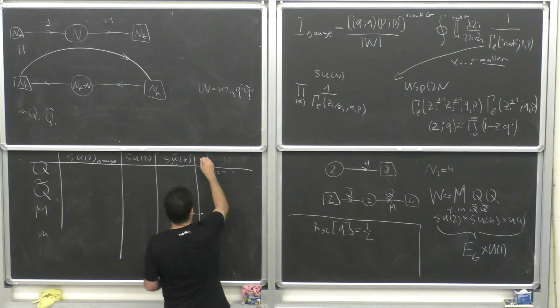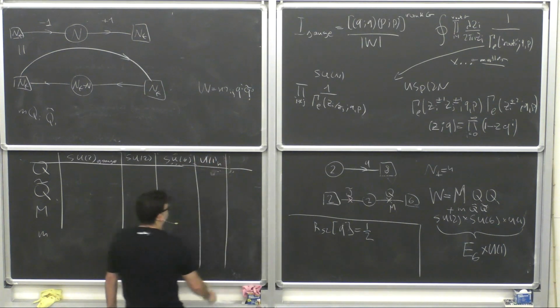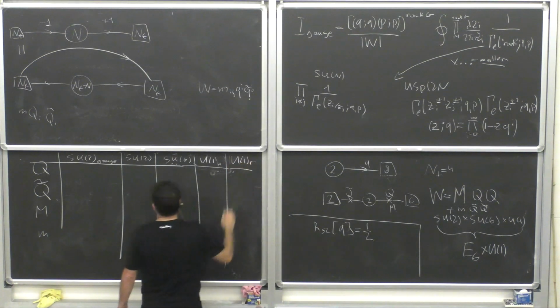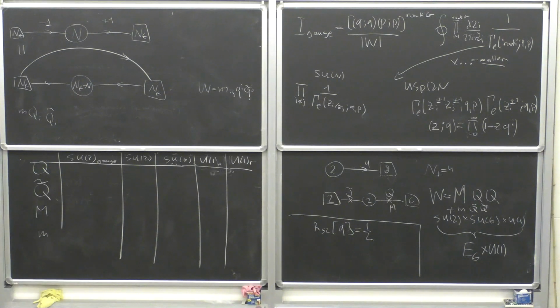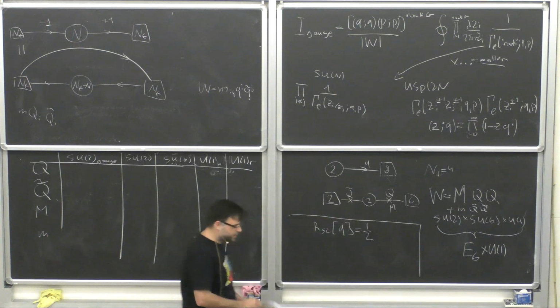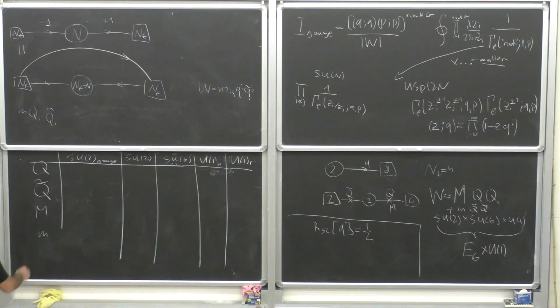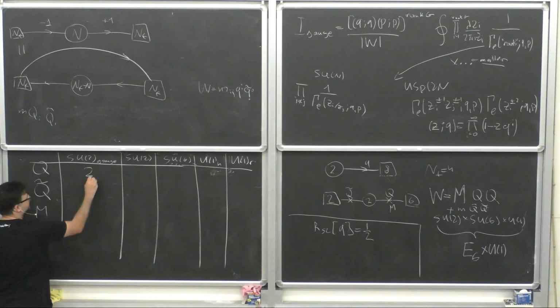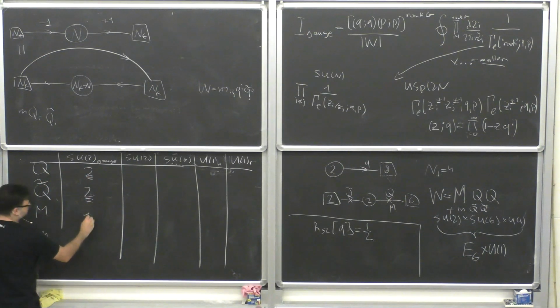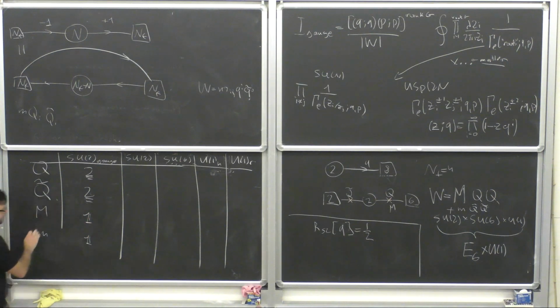We will have an additional U1 global symmetry that I will denote by U1H, and we have a U1R symmetry. The first thing we need to do is understand the charges of the various fields which appear here. It's a simple argument to perform. Both Q and Q tilde are in the doublet of the gauge SU2, and the capital M and small m are singlets of the SU2. That's how I define them.